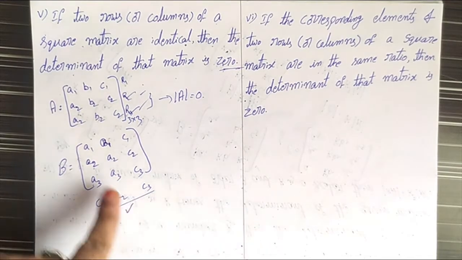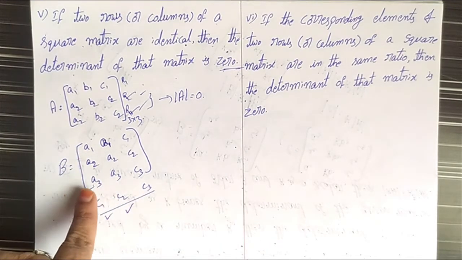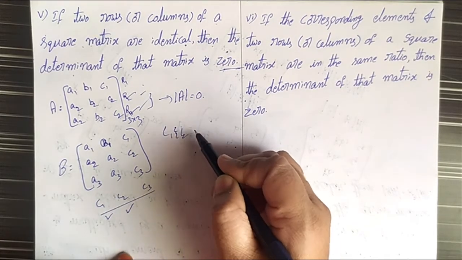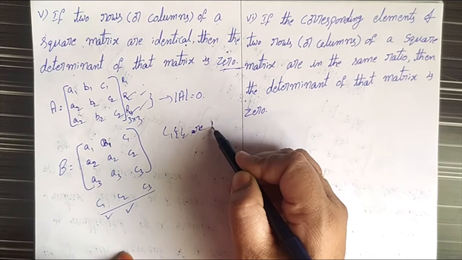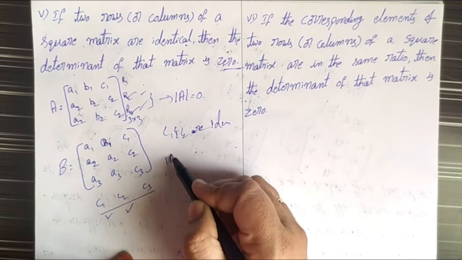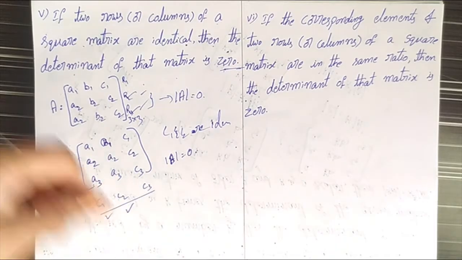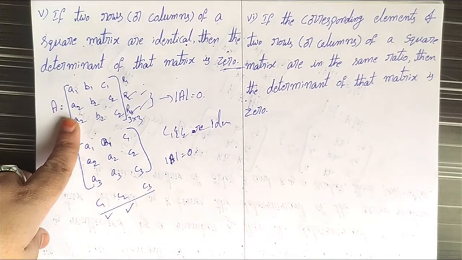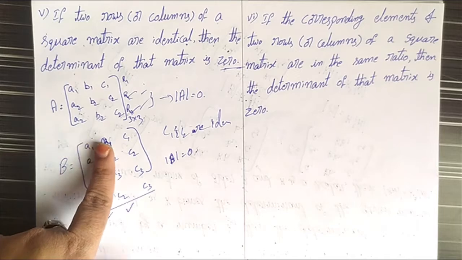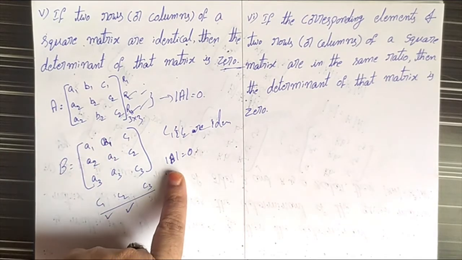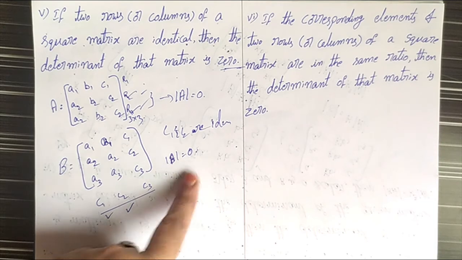C1 and C2 are identical columns. Then det B is equal to 0. If any two rows of a matrix or any two columns of a matrix are identical to each other, then that matrix determinant value is equal to 0.